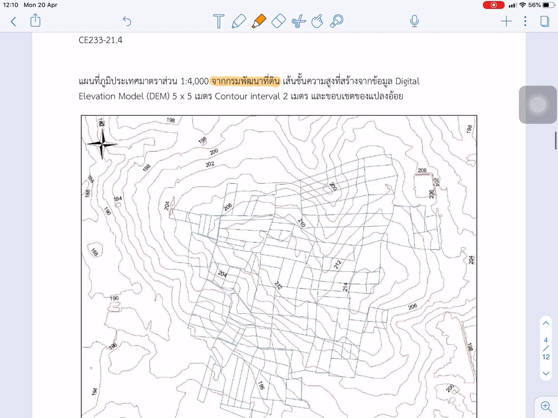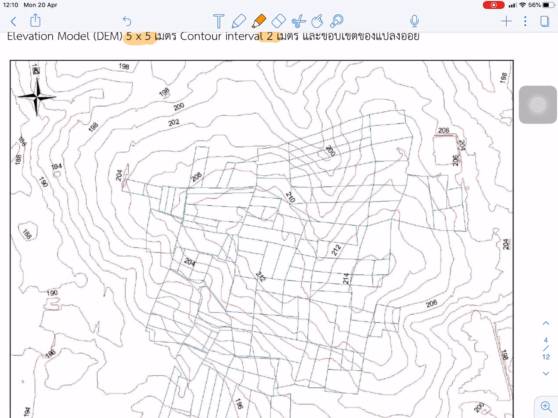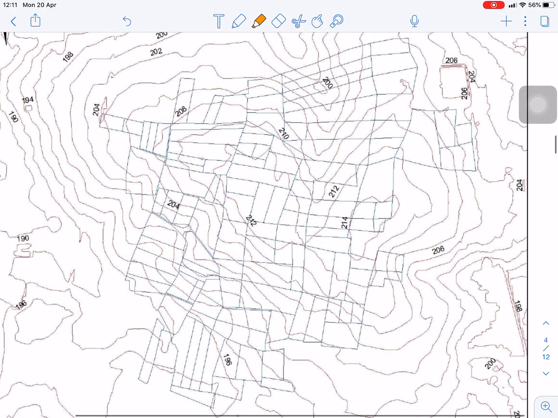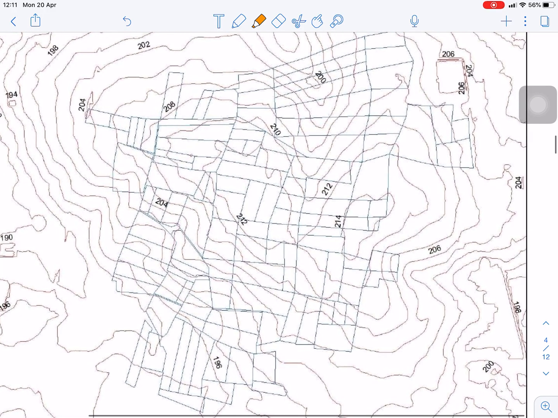It's at a scale of 1 to 4,000, so it's a very small area map, and the digital elevation model is 5 by 5 meters with a contour interval of 2 meters. When we got this information, we could plot the new contour line. Now we can see more clearly that this is the top area, the high elevation area, and we can divide the area based on the watershed dividing.